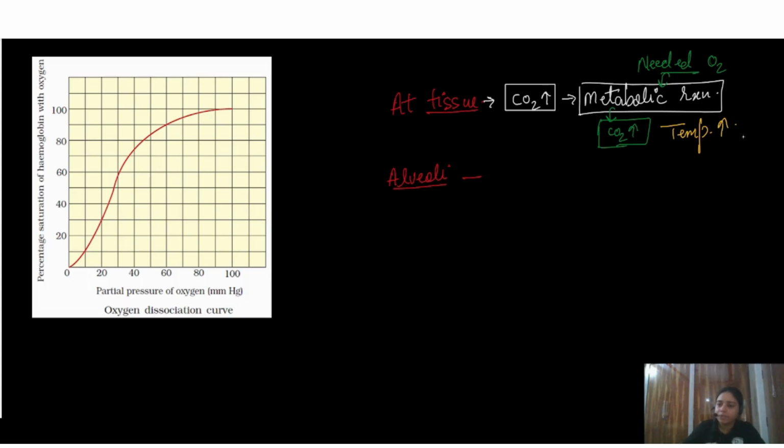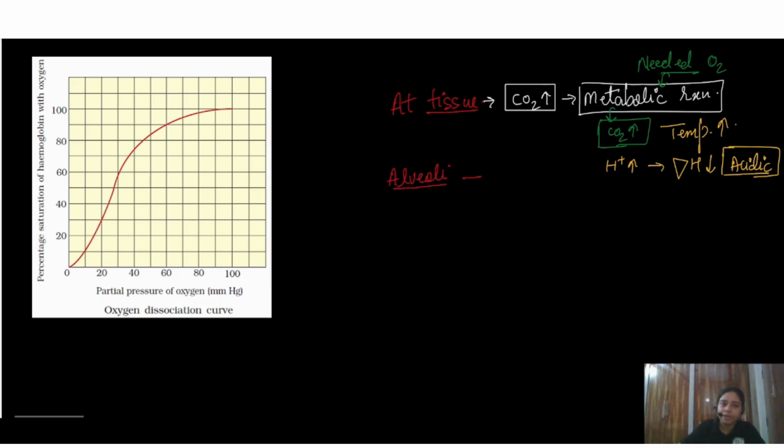If the temperature is increasing and CO2 is increasing, then at every step the H+ concentration also increases, which causes the pH to decrease, giving an acidic pH. Because of this acidic environment at the tissue level, the curve shifts to the right side. Let's see how.